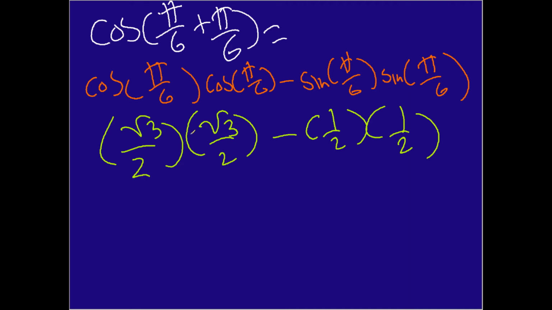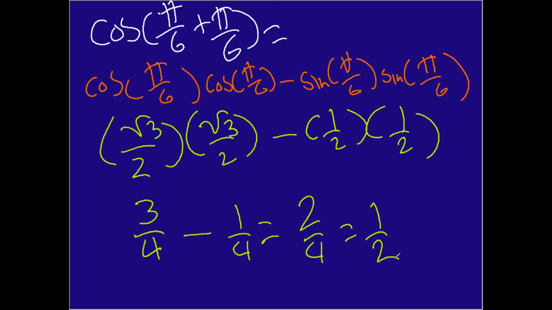So square root of 3 over 2 times square root of 3 over 2 is 3 over 4, minus 1/2 times 1/2, which is 1 over 4. And so we end up with 2 over 4, which gives me 1/2. So in other words, the exact value of cosine of pi over 6 plus pi over 6 is 1/2.